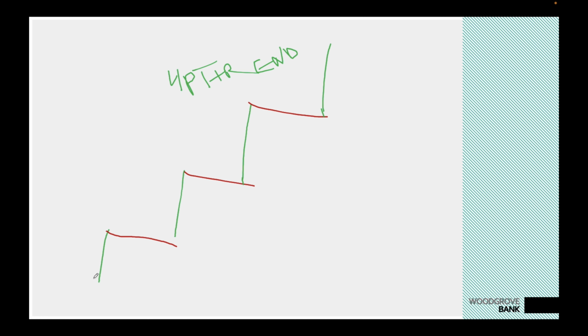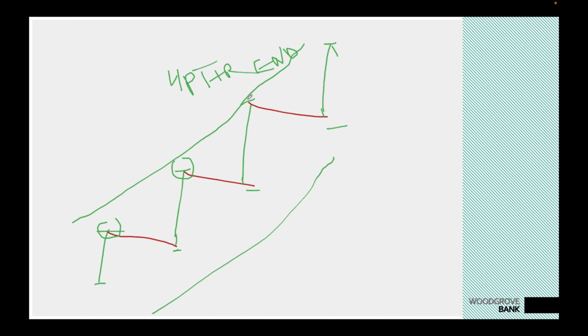Still the same thing, you could check this as your resistance, resistance, resistance, and also here as your resistance, because you always have a turn here. This is your support, your support, your support. So the market will also always go like this, here, here, and here.